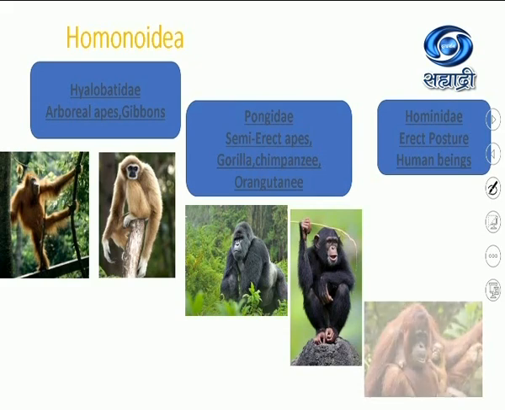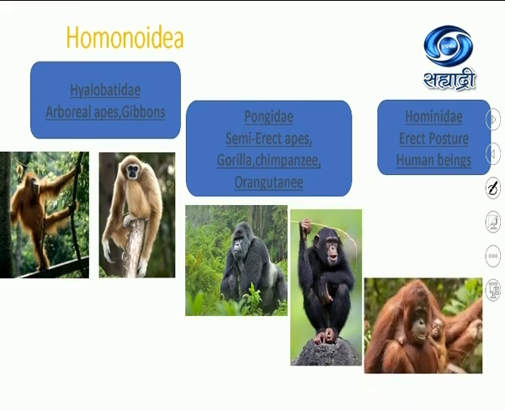This is a gorilla, this is a chimpanzee, this is an orangutan. These two pictures are of gibbons. You can see they are tree dwellers. Gorilla, semi-erect posture. It is using its forelimbs also to walk. This is chimpanzee and this is orangutan. So these belong to Pongidae. And now we will discuss Hominidae.